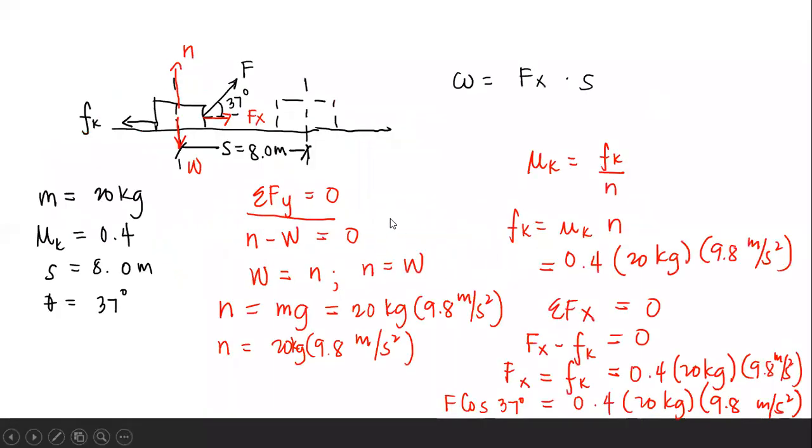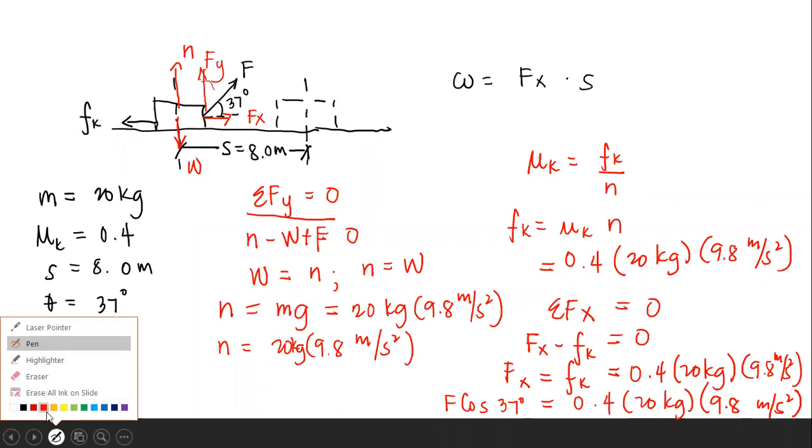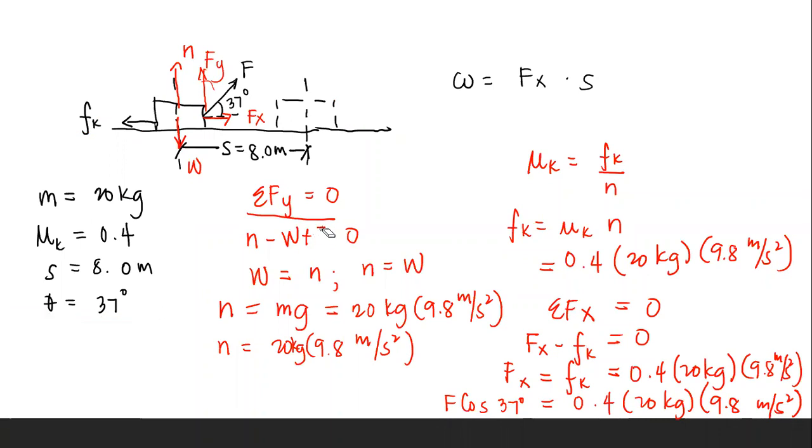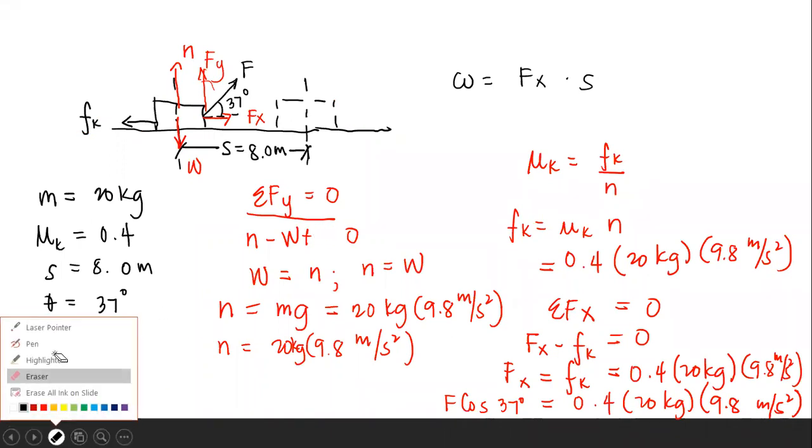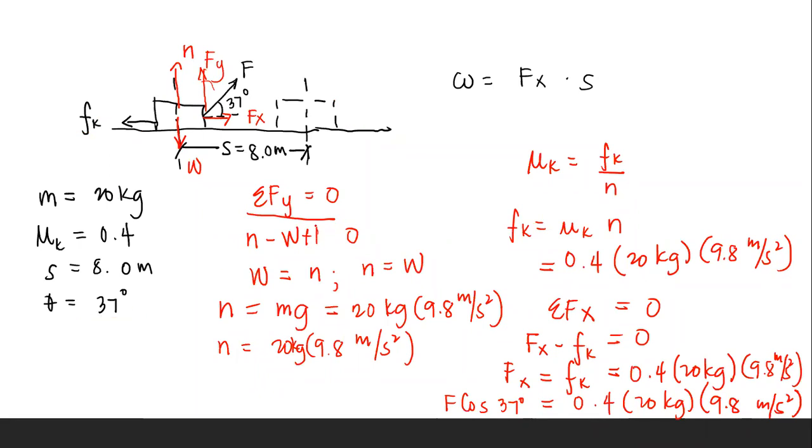Okay. The normal here, we forgot, you have the value of your Fy. Instead of this one, you have the normal minus W plus Fy equal to 0.